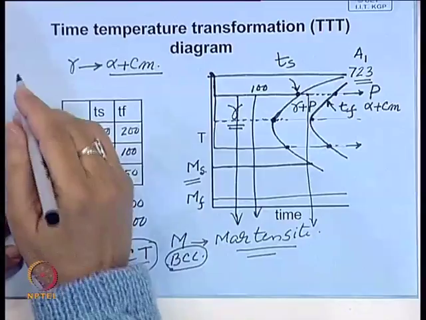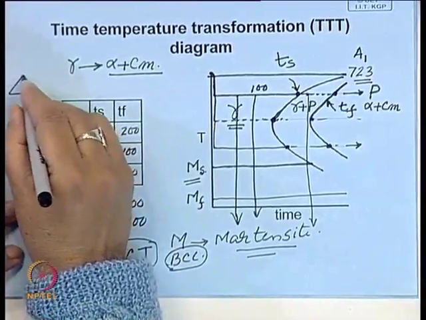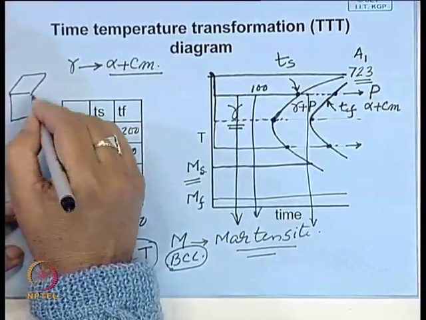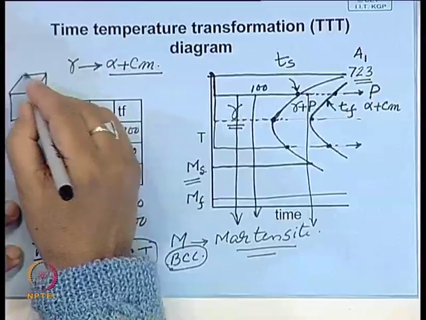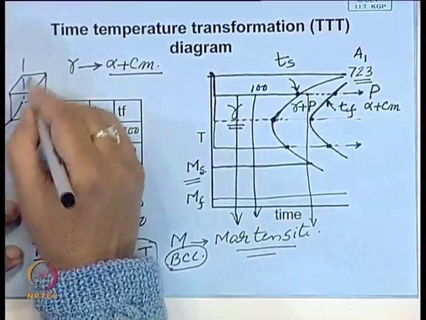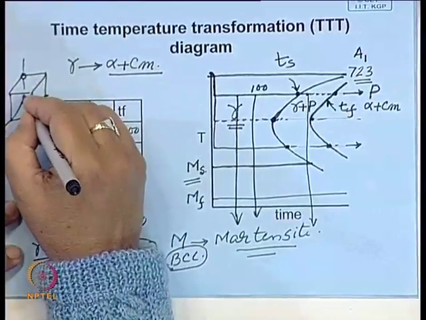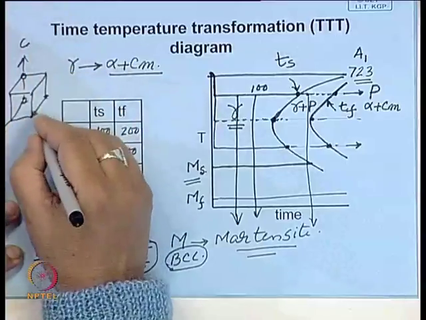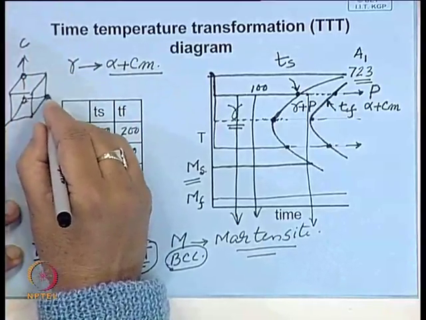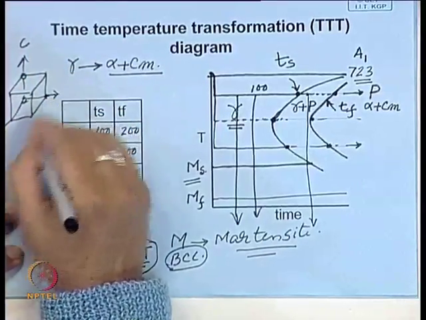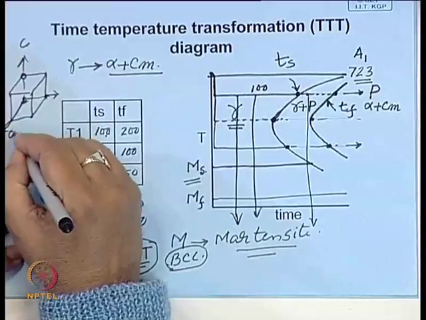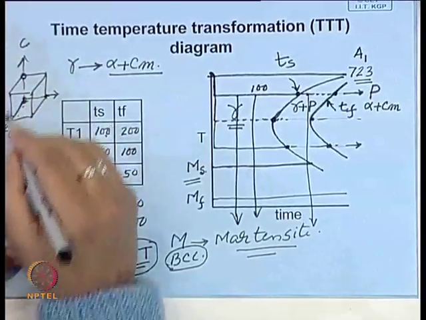So, in a BCC lattice, A and C are equal. The atomic distance along the C direction and the atomic distance along the A direction are the same.